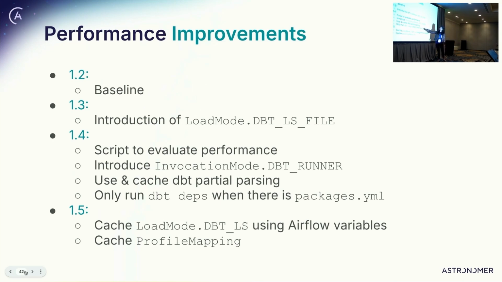We started leveraging the dbt partial parse file, which is a sort of cache of the dbt topology, and it's cheaper to use this than to parse a manifest file when using a dbt command to run something. We also started running dbt-deps only if people actually had a packages YAML. Before, we would always run dbt-deps if people were using that. So imagine creating a sub-process to run that thing. Not good. Those were the 1.4 changes.